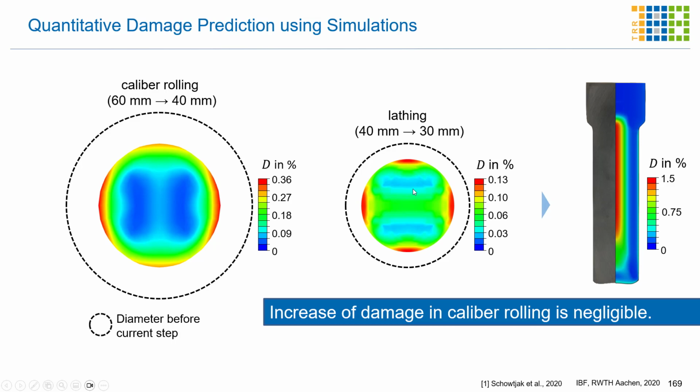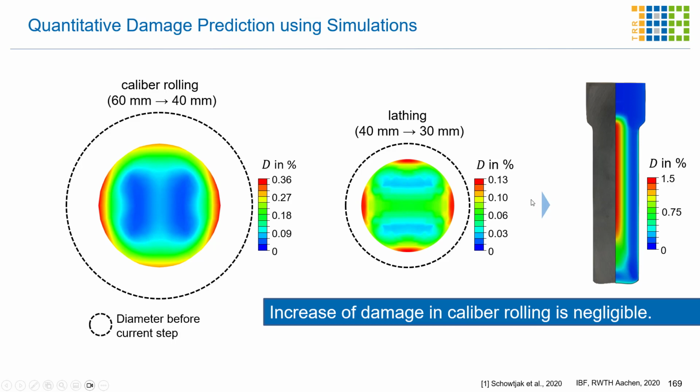The advantage of this cutting is that at first we have reduced the residual stresses, so a stress relief by the cutting process, and on top of this the outer material, where the damage evolution was the highest, is also cut away. So at the end the maximum damage in the part is 0.13.